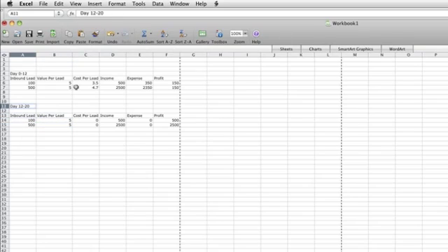day 12, or excuse me, day 13 through 30, if the value per lead now comes in at $2, then that changes things drastically.